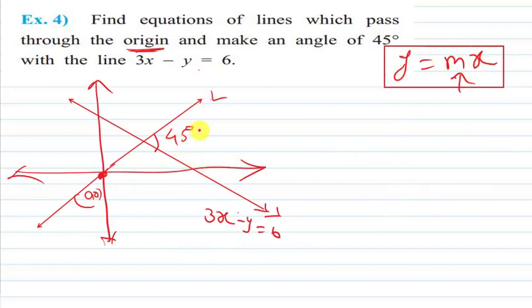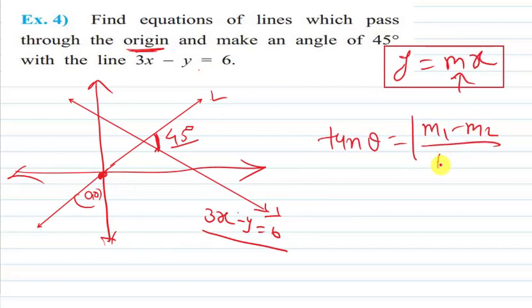Here, as the angle between line L and this line is also given, I can also find the slope of this line. I will apply the formula tan theta equals m1 minus m2 upon 1 plus m1 m2. Let's suppose the slope of line L that we have to find is m1, and m2 will be the slope of this line, right?